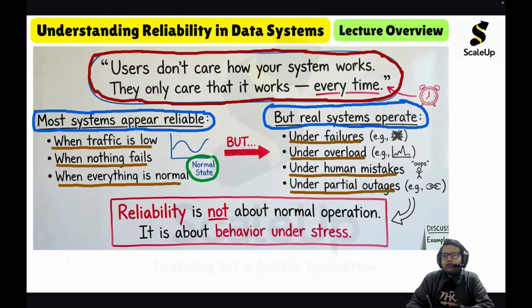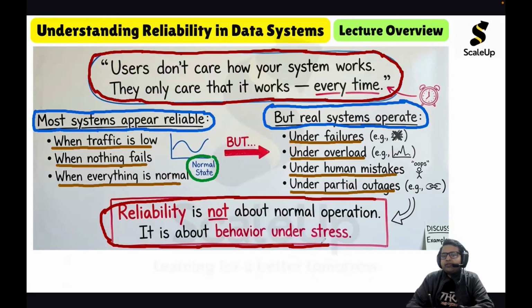So from here, we can say that reliability is not about normal operation. When the system is working perfectly in the normal state, we can't claim the system to be reliable. Reliability is about behavior under stress.